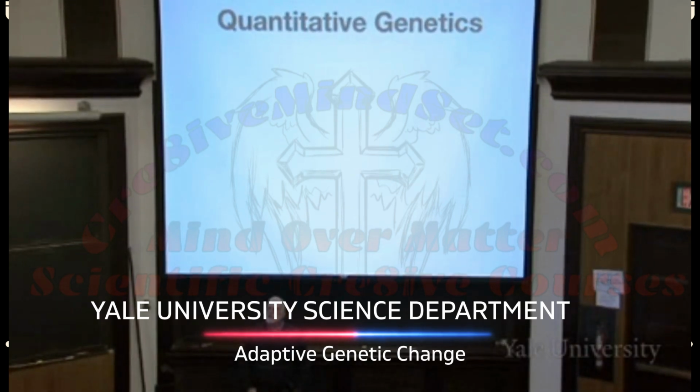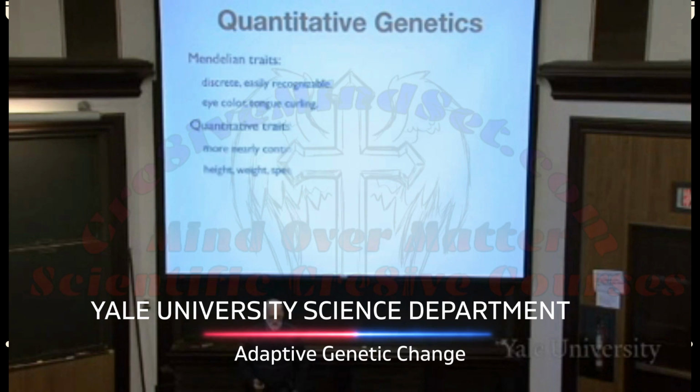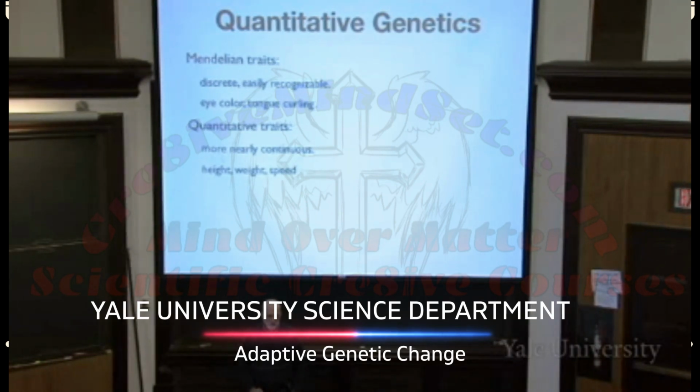Okay, I thought this would happen. It's time for class to end, and I'm just getting to quantitative genetics. And so I'm going to let you pick up quantitative genetics from the lecture notes and from the reading.